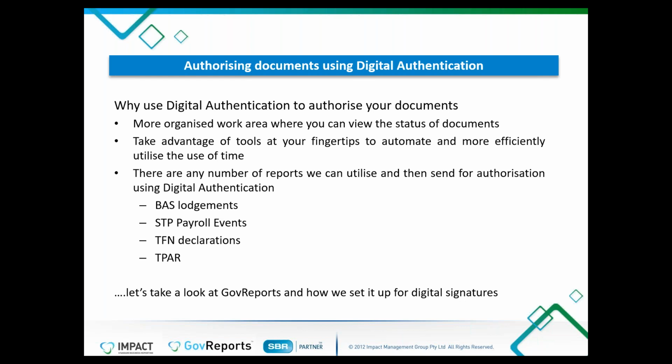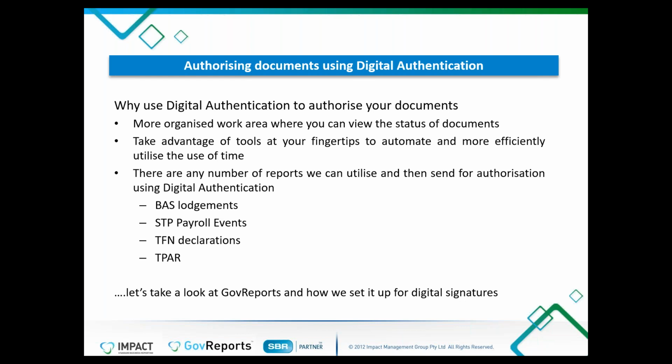And there are any number of reports that we can utilize and send for authorization using digital authentication. We are not limited to just those documents such as BAS lodgements, STP payroll events, TFN declarations or TPAR. We can add other documents in to send for signature, and we'll talk a little bit about that a little later on.